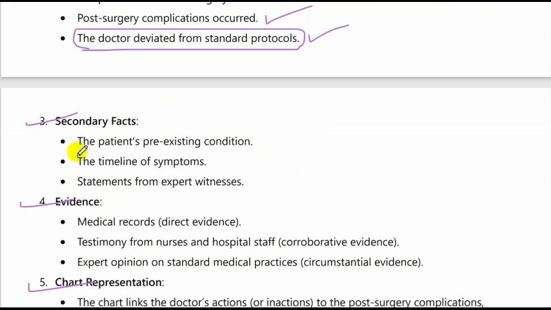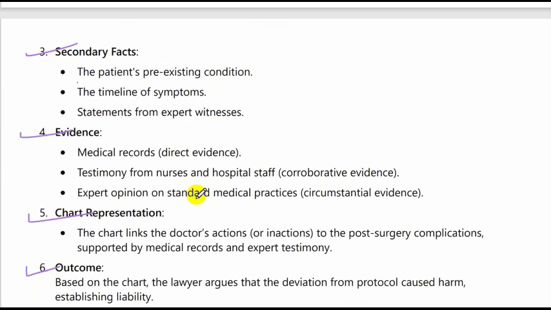Secondary facts: the patient's pre existing condition, the timeline of symptoms, statements from expert witnesses. Evidence: medical records, which are the direct evidence, testimony from nurses and hospital staff. These are corroborative evidences. Expert opinion on standard medical practices. What is the standard medical practice?